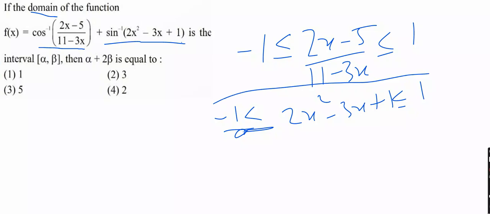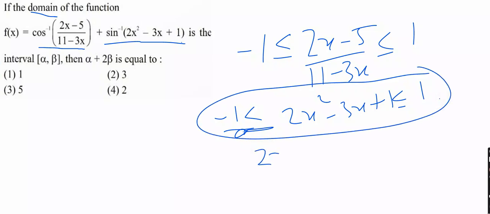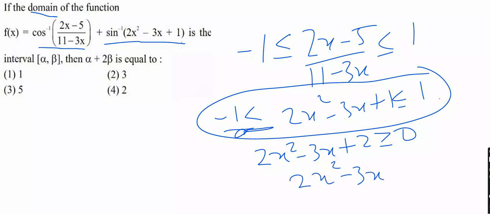Now let's simplify this equation first. It looks easier. So one thing we'll get is 2x square minus 3x plus 2 is greater than or equal to 0, and 2x square minus 3x is less than or equal to 0.